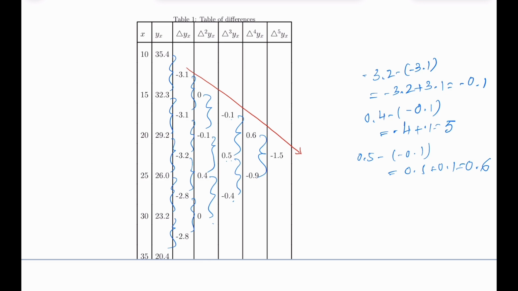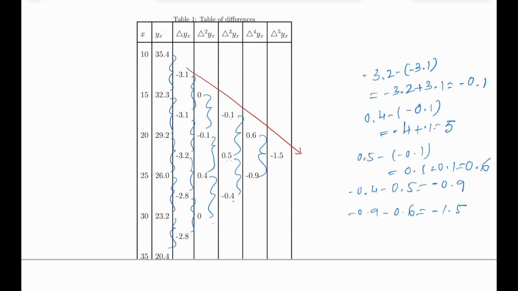And then this is minus 0.4 minus 0.5. So this is minus 0.9. And finally, the difference is minus 0.9 minus 0.6. So this is minus 1.5.